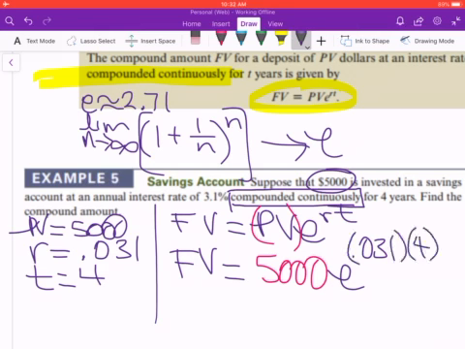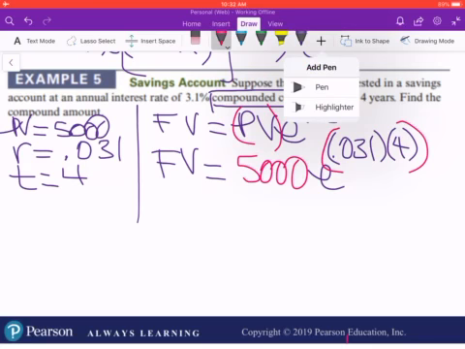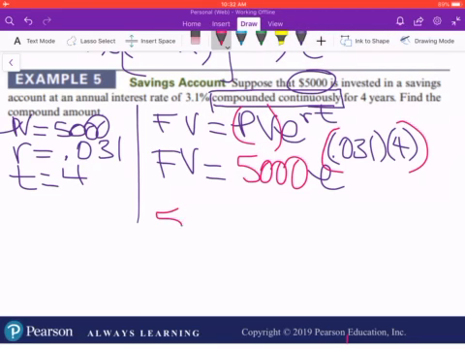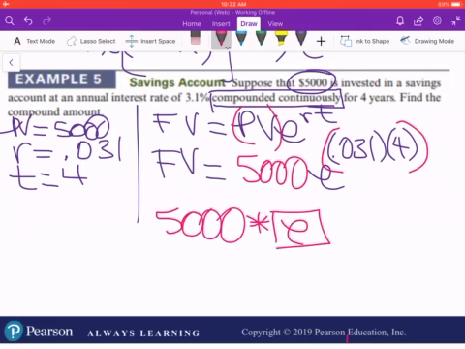So what I'm going to do here, when I enter it on the calculator, you may want to enter it like this, 5,000. You could use the multiplication symbol or just press the key with the number E to the power X. If you automatically get that exponent, then just make sure you enter your 0.031 times 4 inside there.